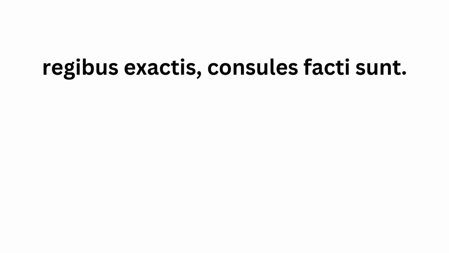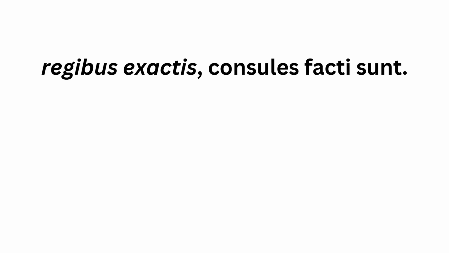Let's have a look at another one. Regibus exactis consules facti sunt. Where is my ablative absolute? Look for a noun and a participle that are both in the ablative case. Regibus means the kings, and exactis means something like having been driven out.